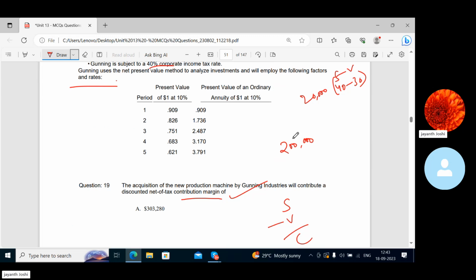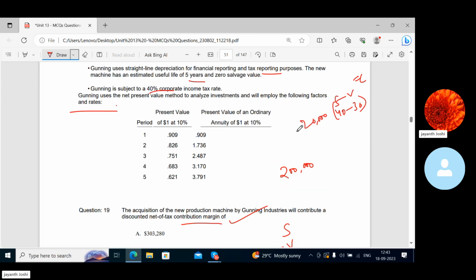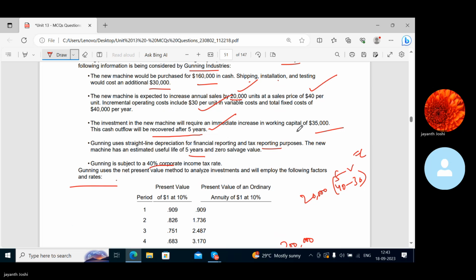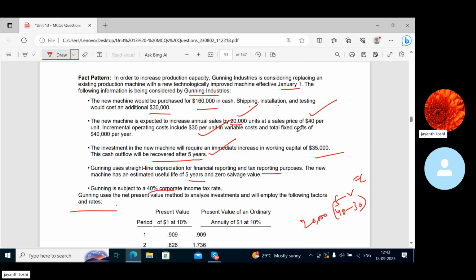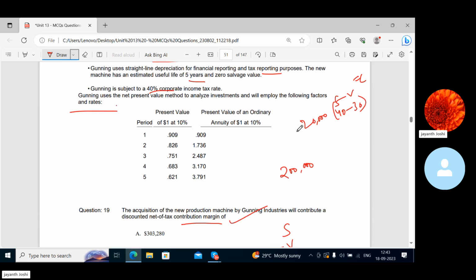Is this 2 lakhs going to be every year or not? Yes, it is for 5 years, they said, right? So for 5 years we will take this after tax, into 0.60 because the tax rate is given: 120,000. We are going to see this 120,000 for the next 5 years.